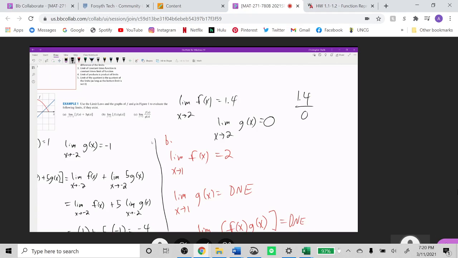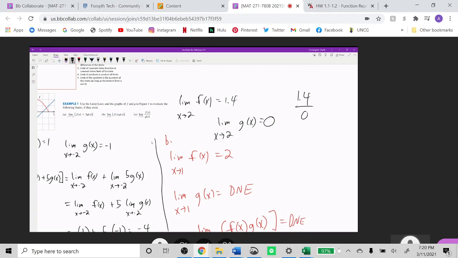So this means that this limit does not exist for c. Does that make sense? Excellent.